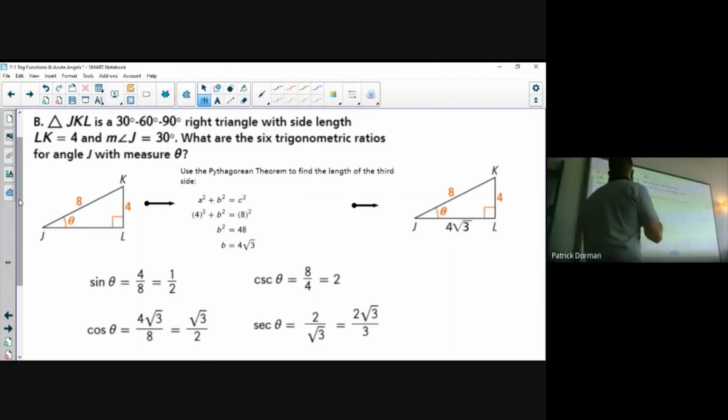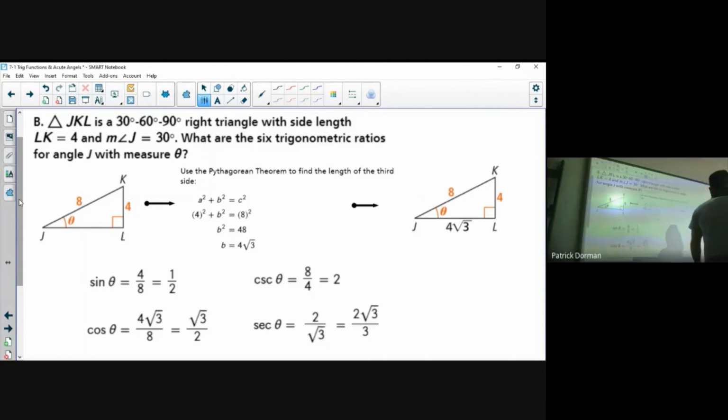So in this case, we have a 30, 60, 90 triangle. In that case, guys, remember, in the 30, 60, 90, special triangle, a little special triangle rule action going on real quick.